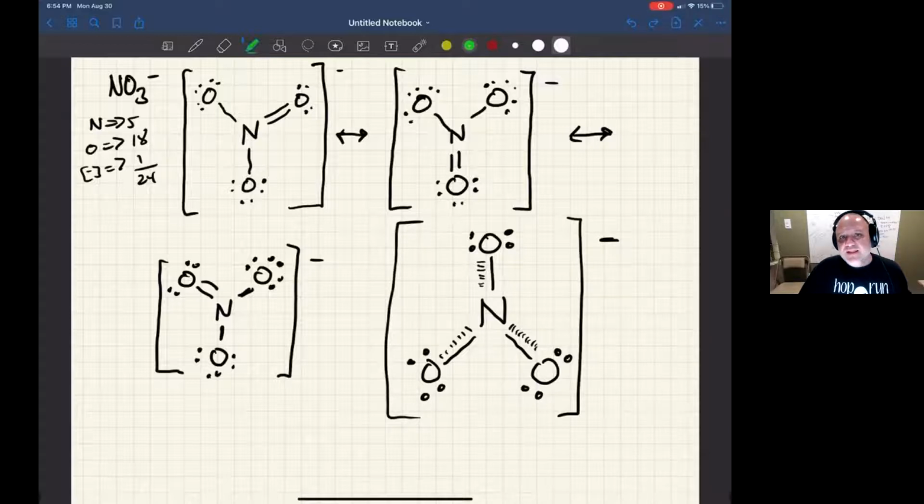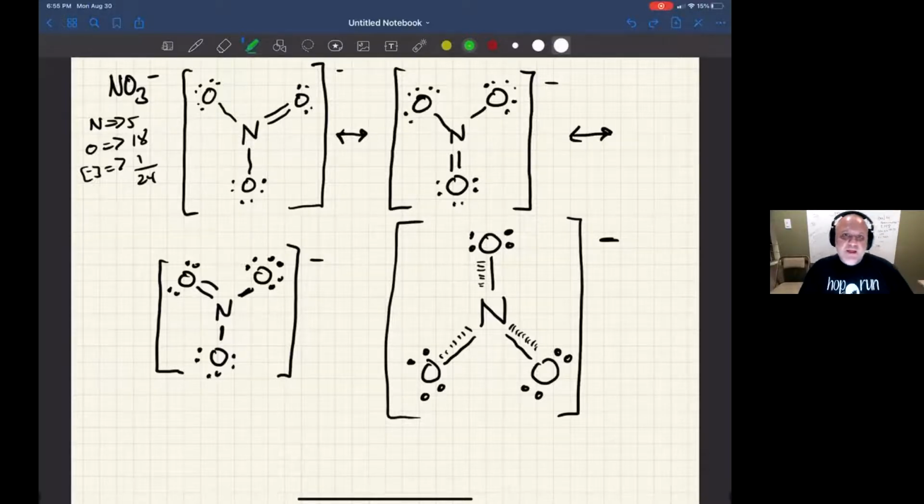This is an illustration of the limitation of Lewis structures. If you look at an individual resonance structure, you might say double bonds are shorter than single bonds, so nitrate has two long bonds and one short bond. But the resonance hybrid really tells the actual story. It's a better depiction of the actual molecule than Lewis structures can provide.